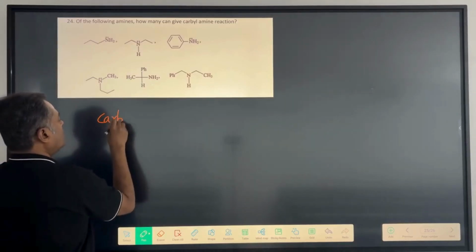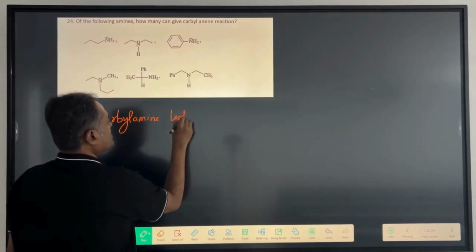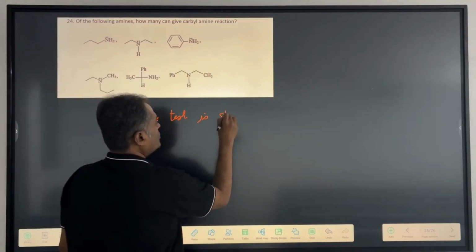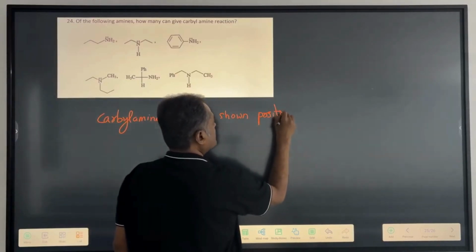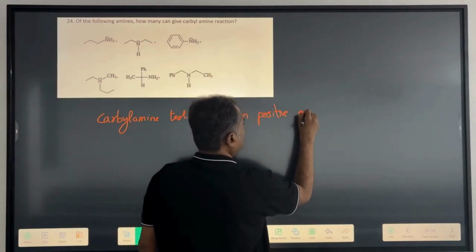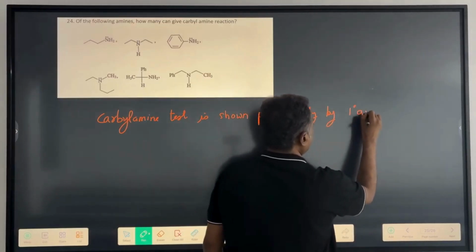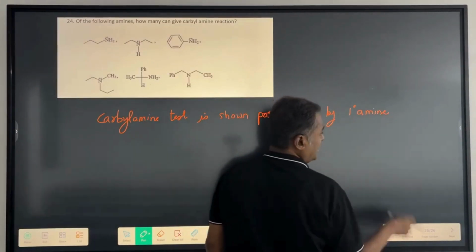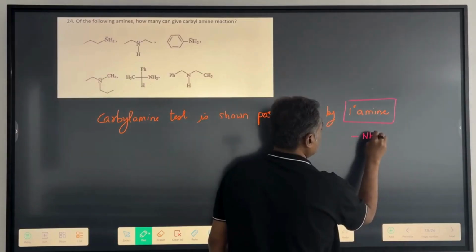So carbylamine test is shown positive only by primary amines, correct? And basically how do you write a primary amine? It is the NH2 group.